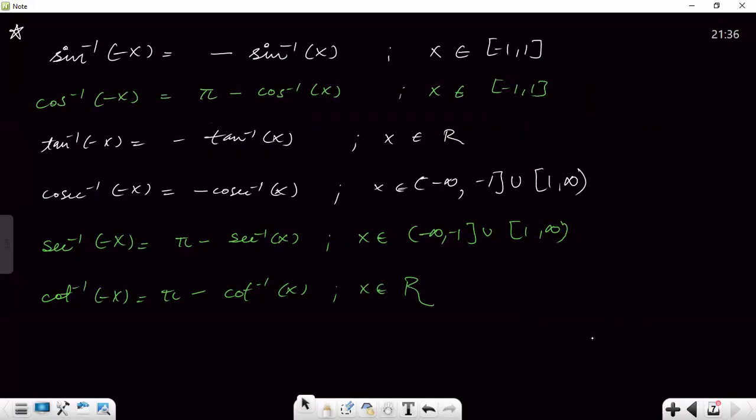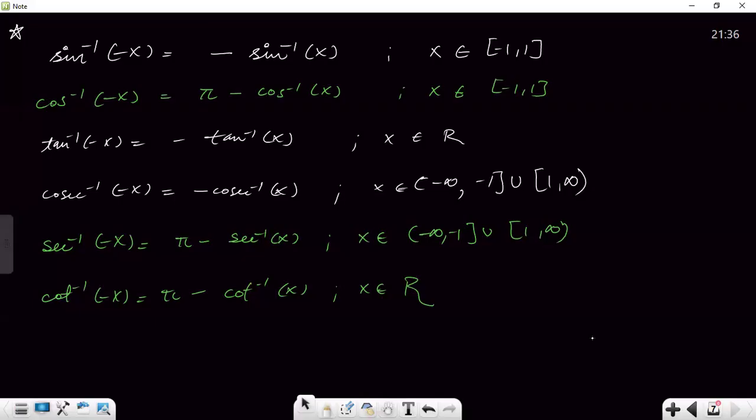See, now observe the pattern. For cos, sec, and cot, pi is coming. Other than that, directly the negative sign is used. Cosine is C, like it has C as its first letter, and sec and cot are prominently dependent on cos.